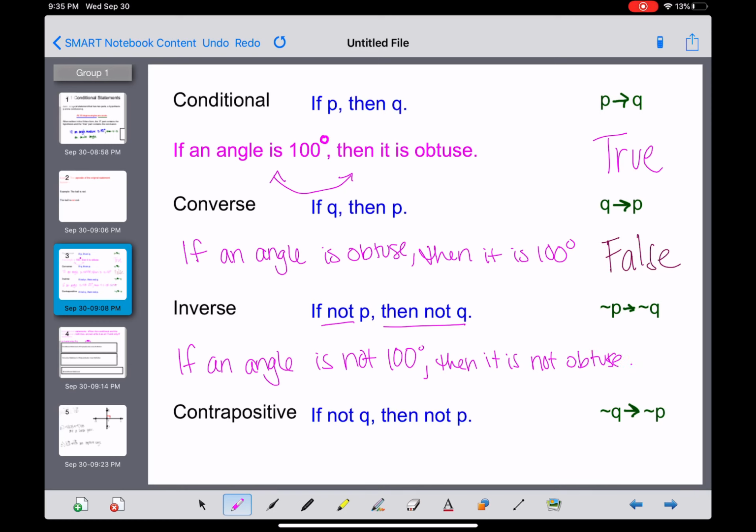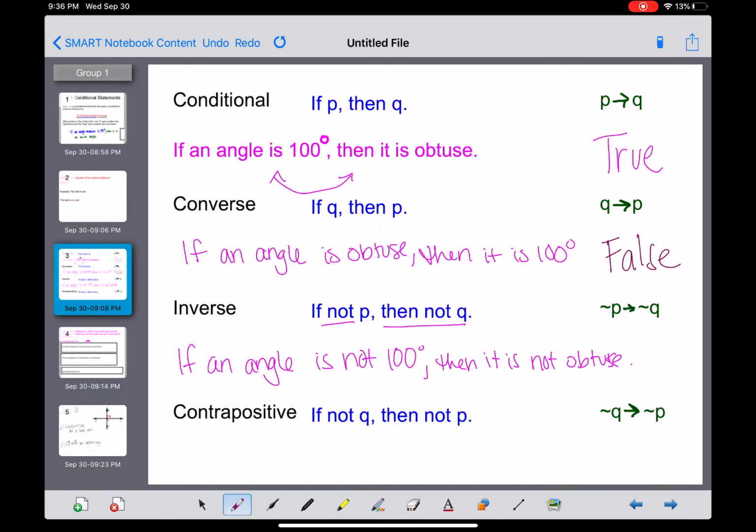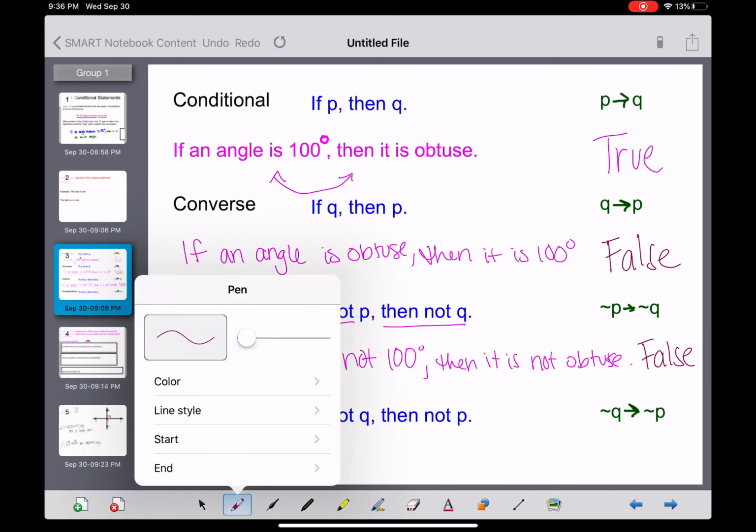Is that true? If we don't have 100 degrees, then it could be 90, or it could be 120. Does that guarantee that it's not obtuse? No, because you could have a 120 degree angle. If it's a 120 degree angle, then it is obtuse. So that is another false statement.